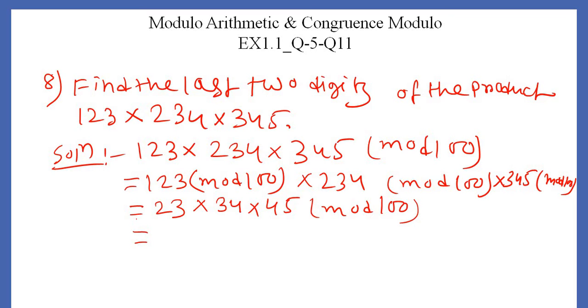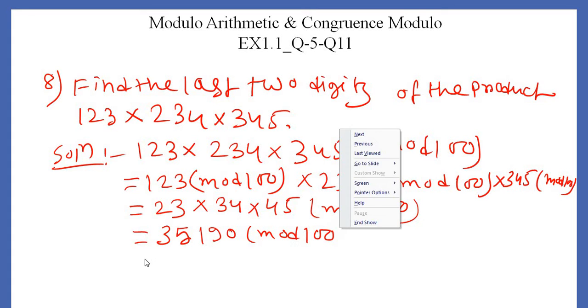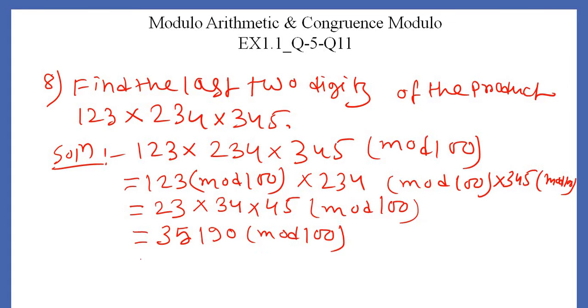So multiply 23, 34 and 45, and if you multiply, then you will get 35190, and obviously the last two digits should be the remainder. So here the remainder would be 90. Therefore the last two digits of the product 123 into 234 into 345 is 90.